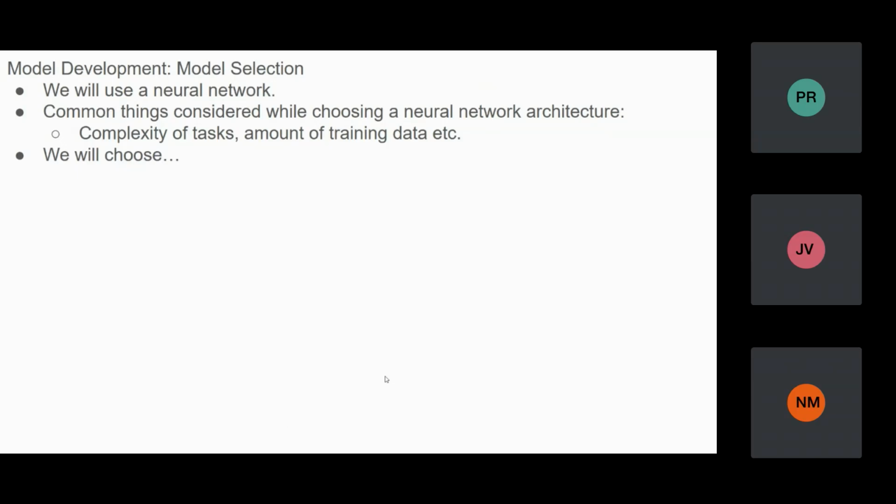One way to choose hyperparameters associated with neural network architecture is number of layers, activation functions, etc. And we can experiment and choose the best architecture that works for us. For our case, we'll choose a shallow neural network architecture for learning embeddings.